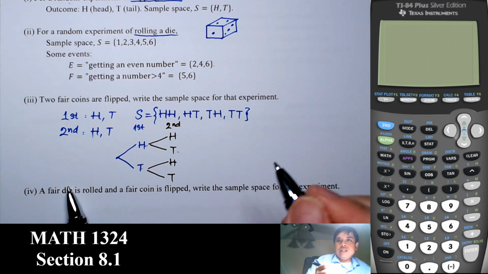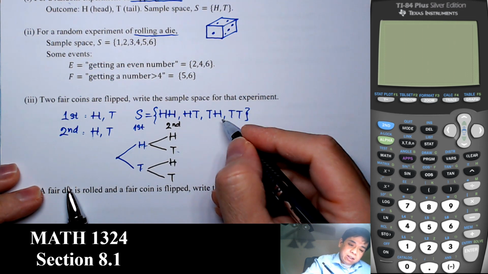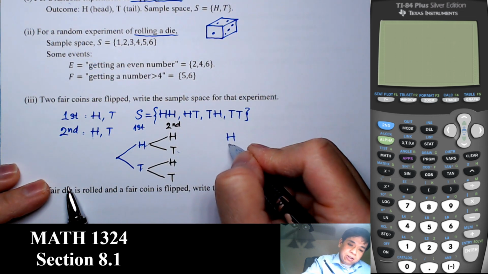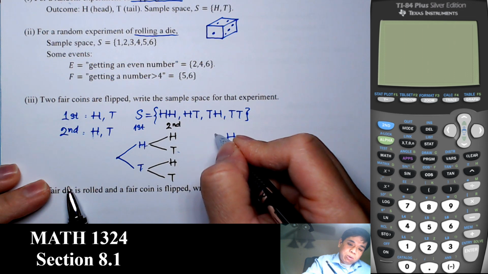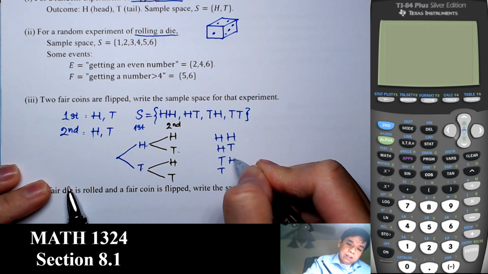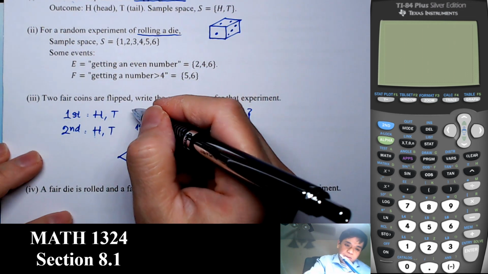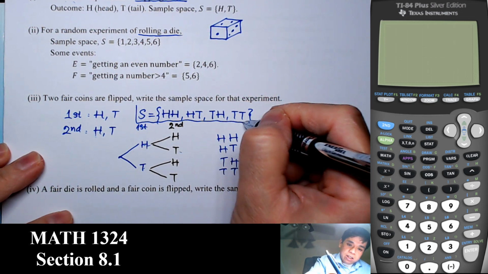That's one way to list that. Another way is we list from right to left. The second, we have head, tail. The first one, we just repeat every 2. Tail. We'll revisit this in a bit. But as far as sample space, this is it.